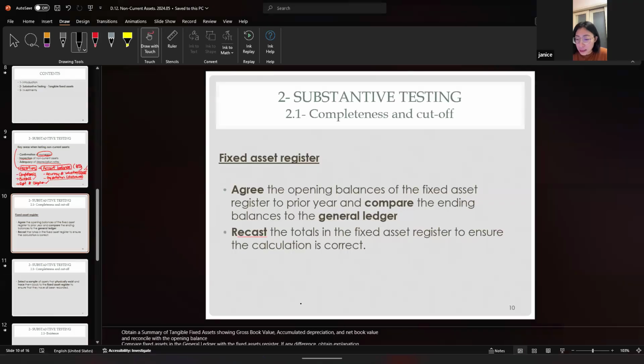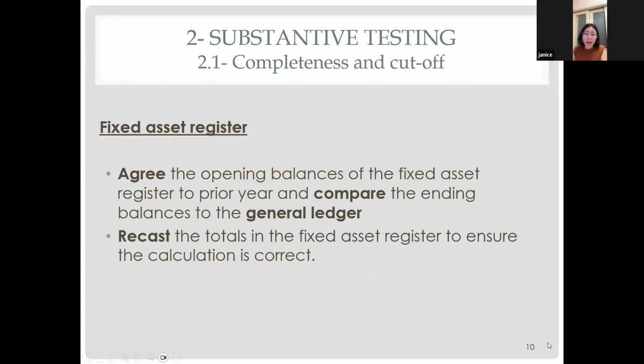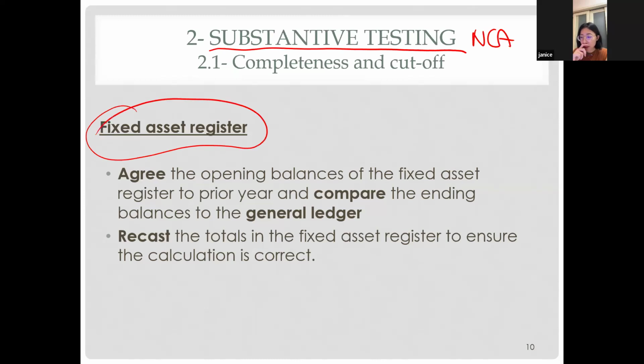So by knowing that, let's try to go through the different elements here. We're going to go through the different substantive testing for auditing my non-current assets. First of all, that's what we did. We took the fixed asset register and we agree.